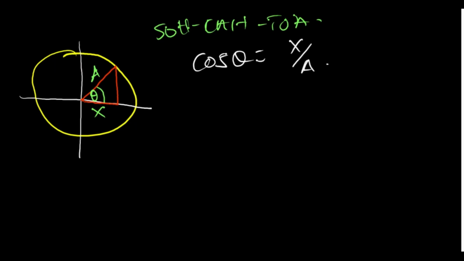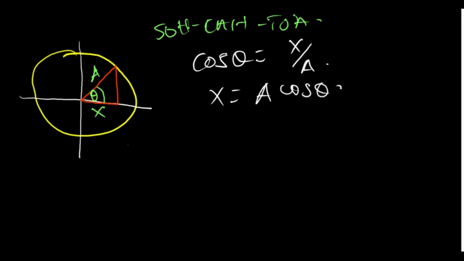So solving for x, x is going to be equal to a cos theta. When something is moving around the circle, we're talking about the displacement or the position as a function of time. When an object is moving around the circle, this formula is correct.